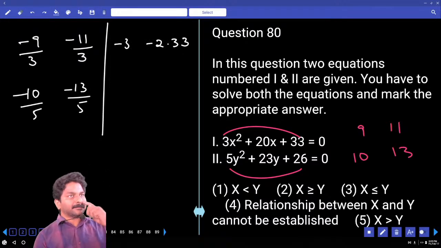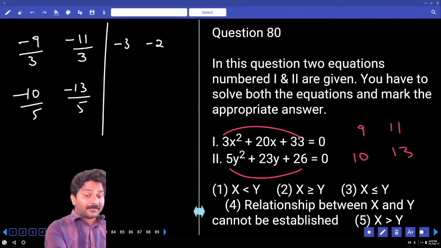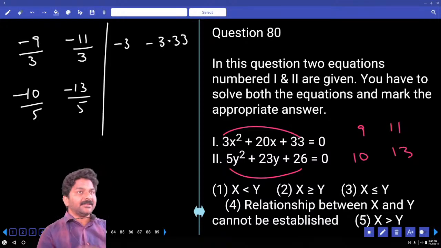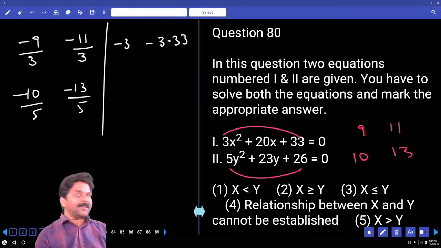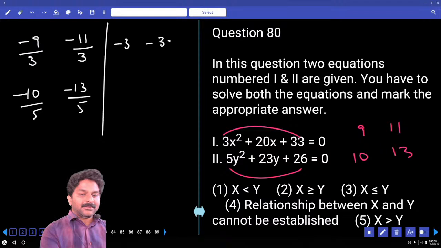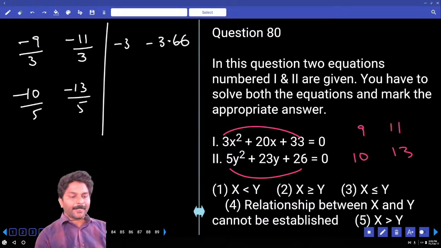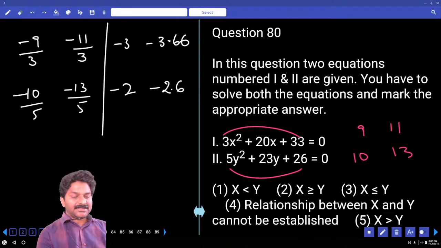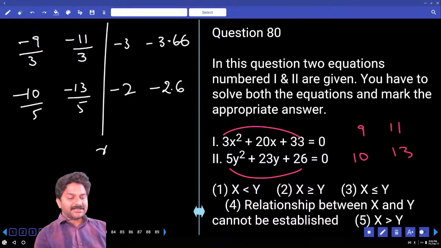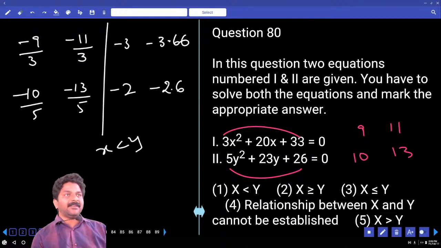Correct? Sorry, minus 3.33, 3 2 by 3. 3.66. Minus 2, minus 2.6. X is less than y.